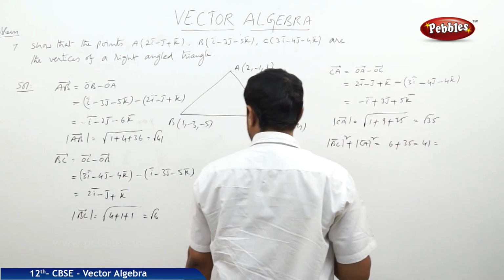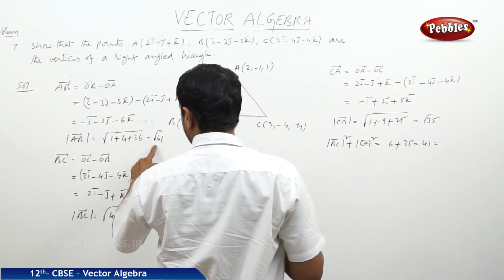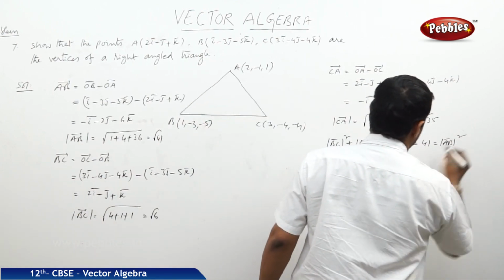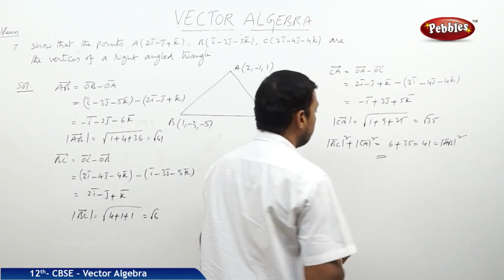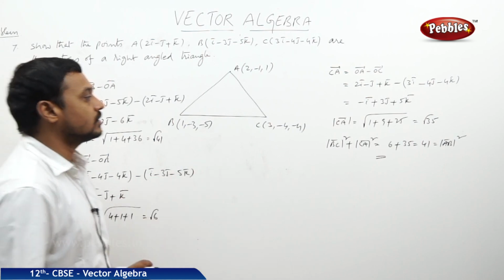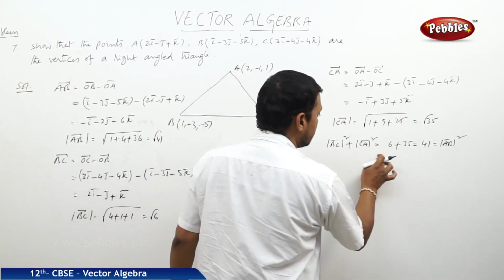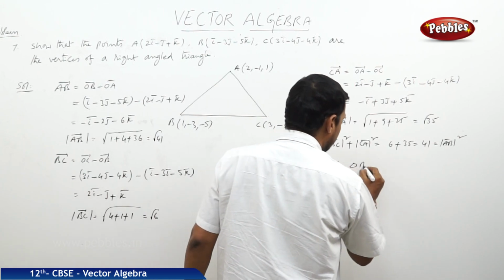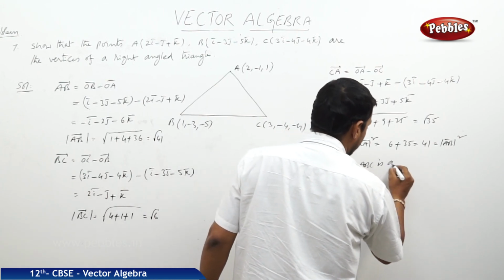That is nothing but the square of modulus of AB. Therefore the sum of the squares of two sides is equal to the square of the third side. It happens only in a right angle triangle. Therefore the triangle ABC is a right angle triangle.